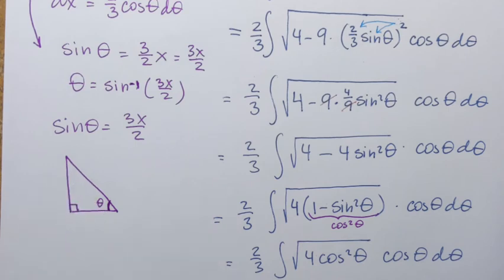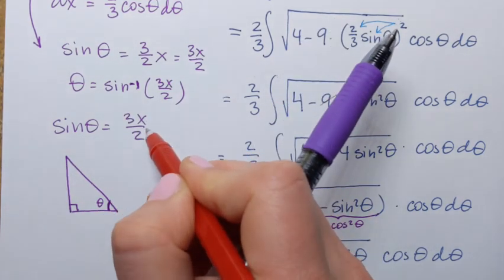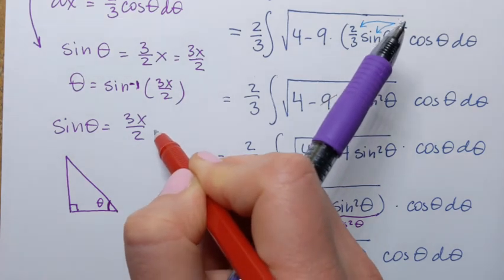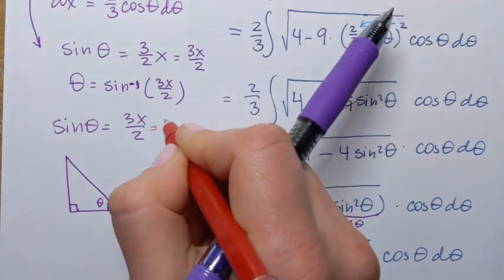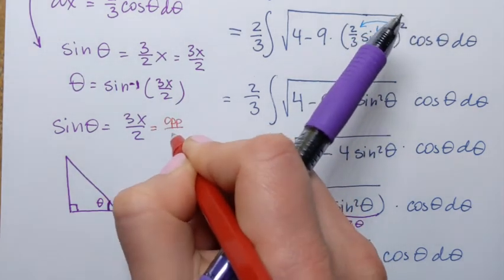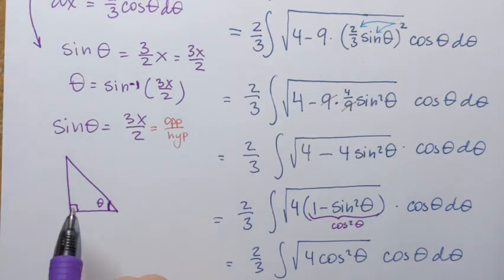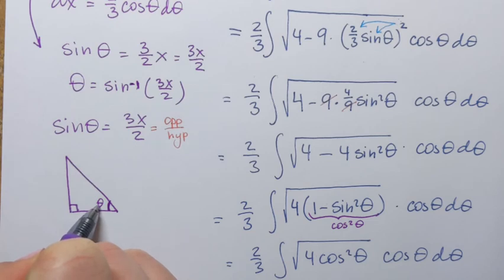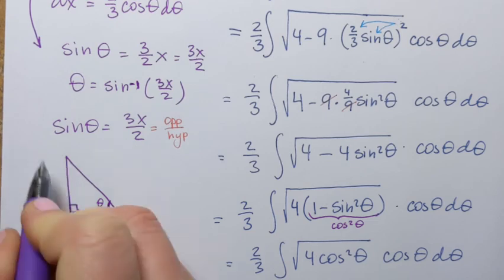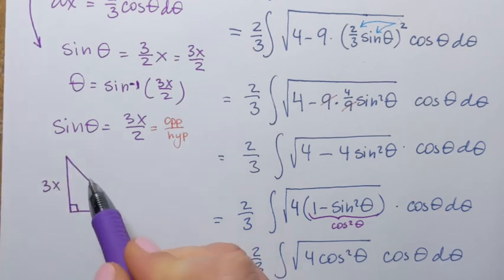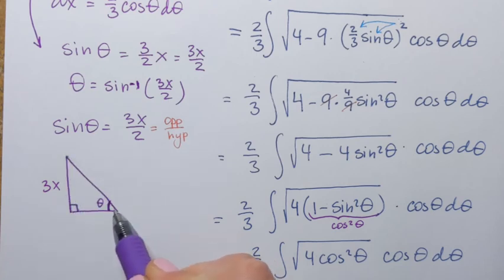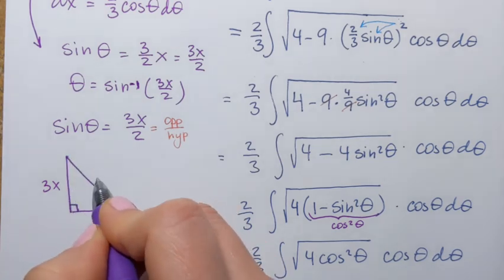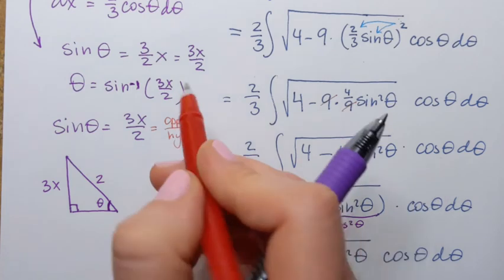Knowing that sine of theta is 3x over 2 and sine is defined as opposite side to hypotenuse, we label the side opposite of angle theta, this leg, as 3x, and we label the hypotenuse as 2.